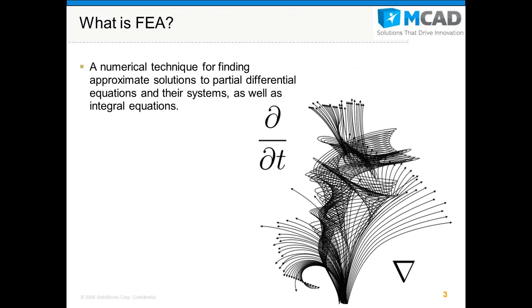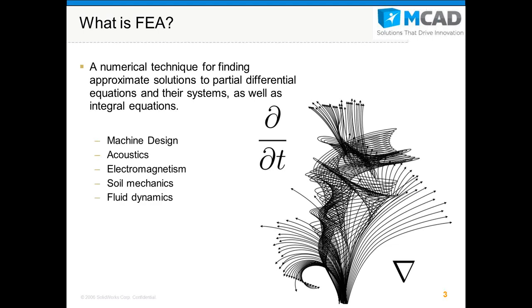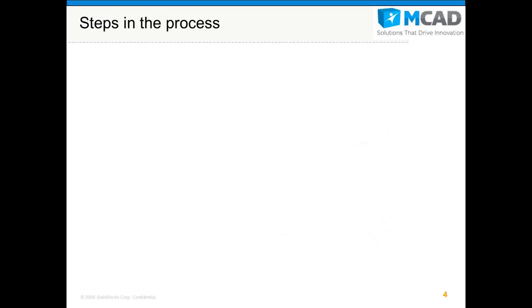So what is FEA? FEA is a numerical technique for finding an approximate solution to a list of partial differential equations. Okay, and now these are used in a bunch of different industries: machine design, acoustics, magnetics, soil mechanics, fluid dynamics, structural, vibration, and thermal.